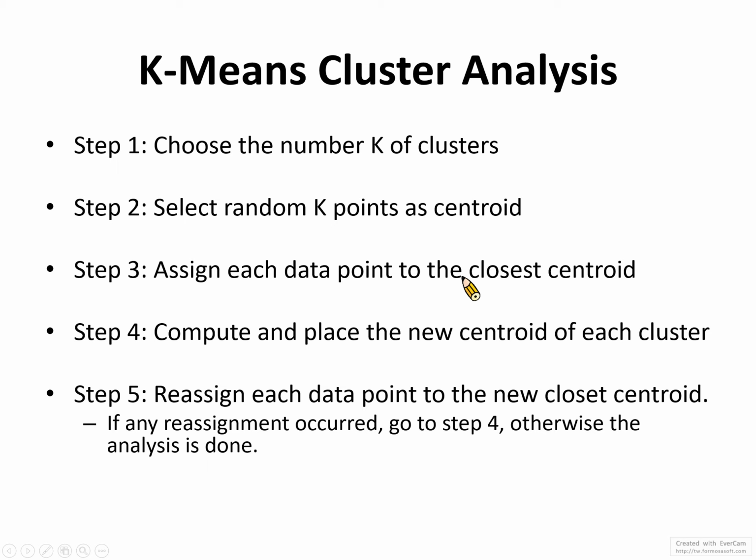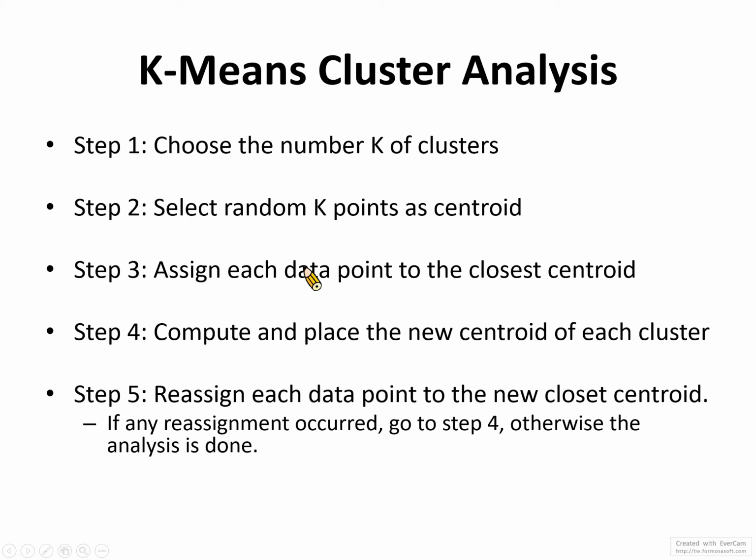And then we will assign each data point to the closest centroid. The next step is to compute and place the new centroid of each cluster. Once we assign each data point to the closest centroid, we will have the first result of the clusters.